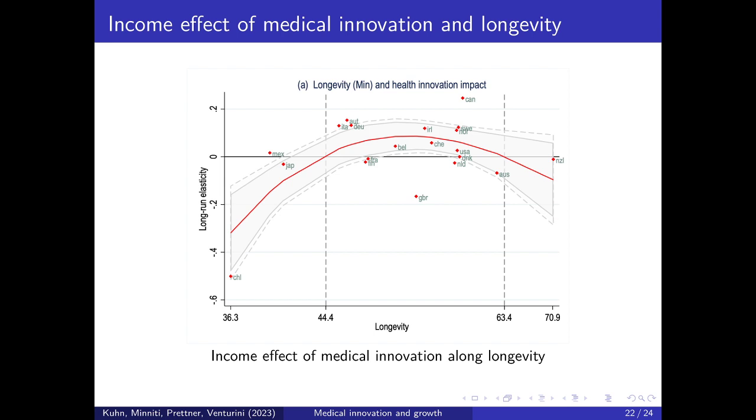But overall, this would be in support of our hypothesis 2, that we observe a nonlinear relationship of health and economic growth. For early stages of development, the effect is negative. For intermediate stages, it's definitely positive, and for late stages it becomes weaker again and potentially even negative.